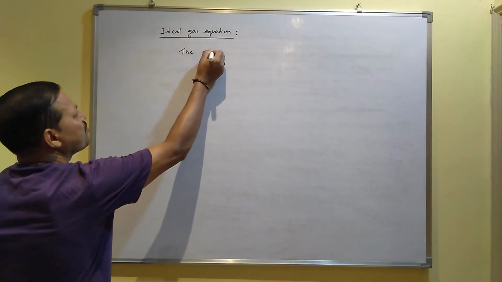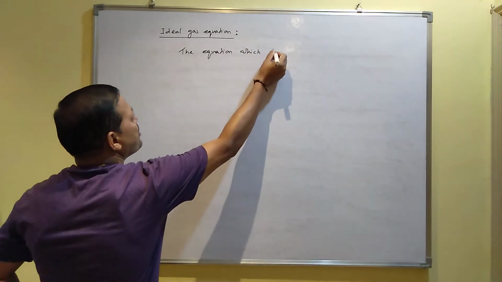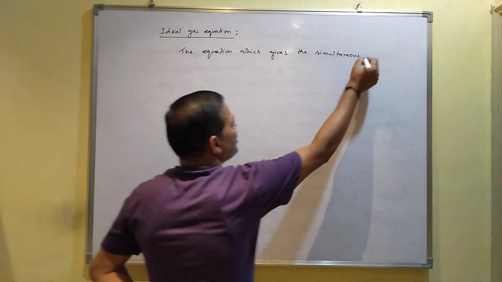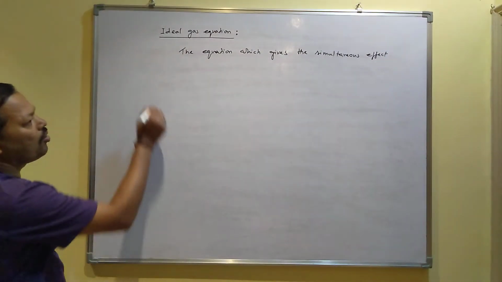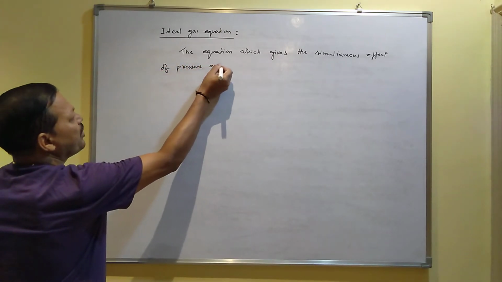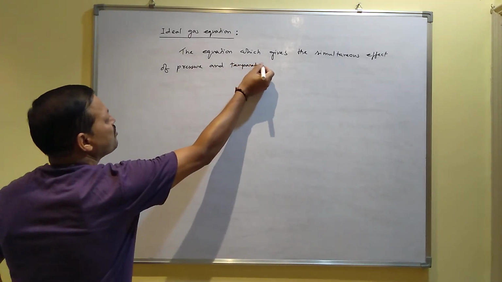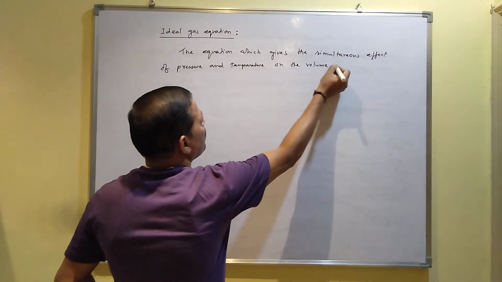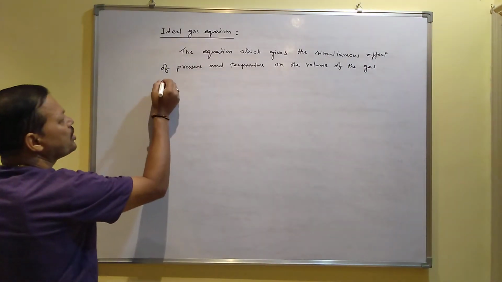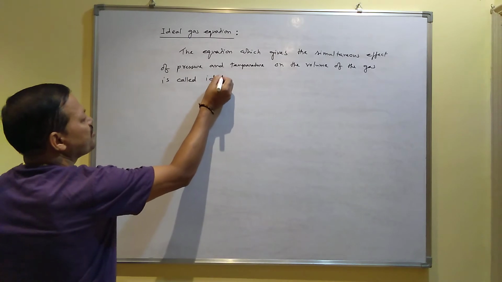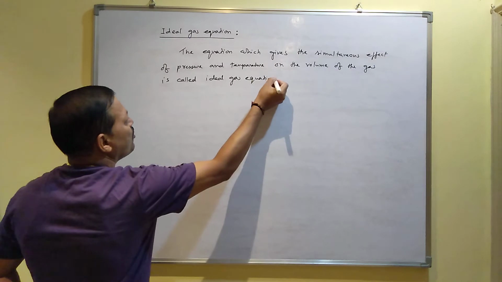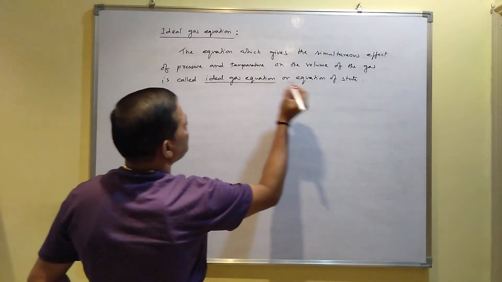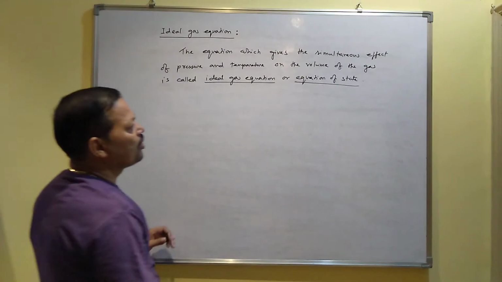The equation which gives the simultaneous effect of pressure and temperature, the simultaneous effect of temperature and pressure on the volume of the gas, is called the ideal gas equation, or it is also called the equation of state for ideal gas.